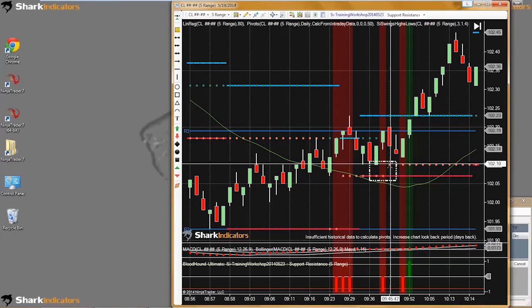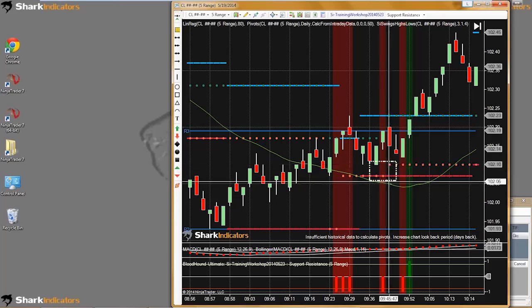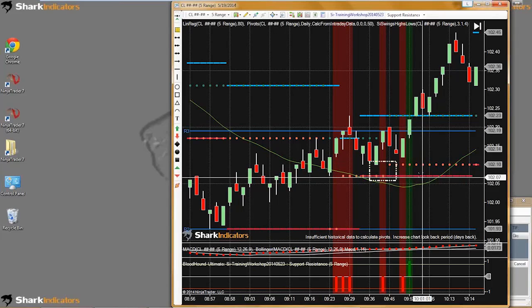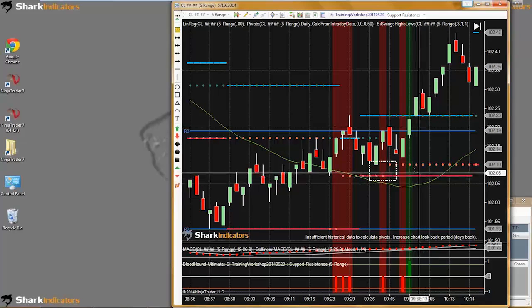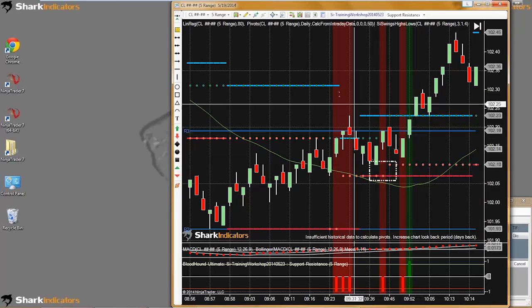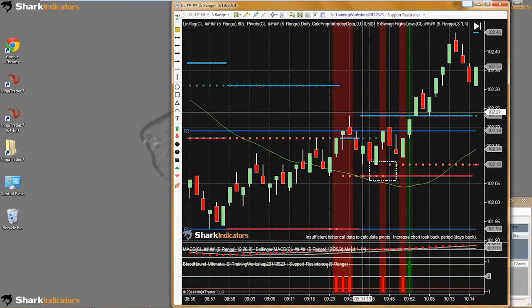See how the dots moved up when a higher low was made? The darker red hash line is picking up the lowest lows, whereas the dots are picking up the higher lows. And the opposite is true for the blue lines.